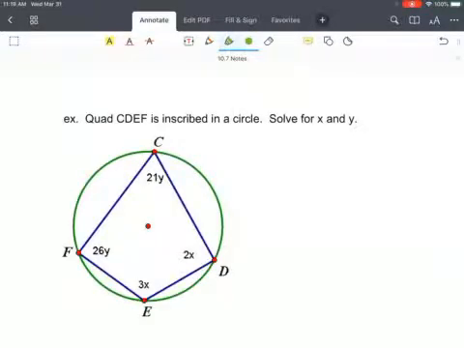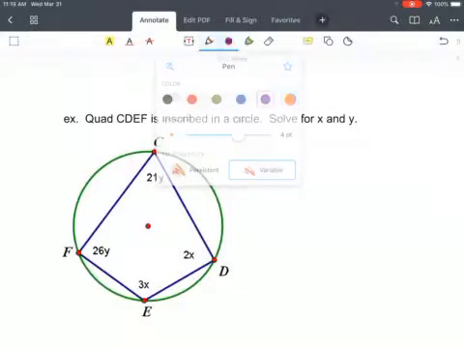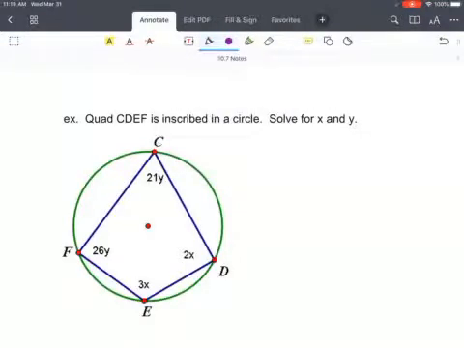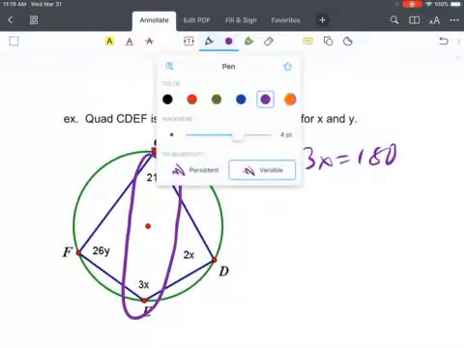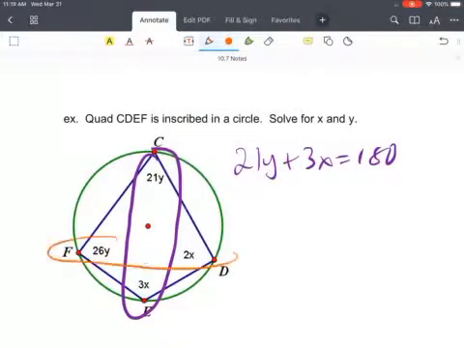Next example, looking at a quad that is inscribed in the circle. Remember that for a quad inscribed in the circle, the opposite angles must be supplementary. So C and E must add up to 180 degrees. And also F and D must add up to 180 degrees.